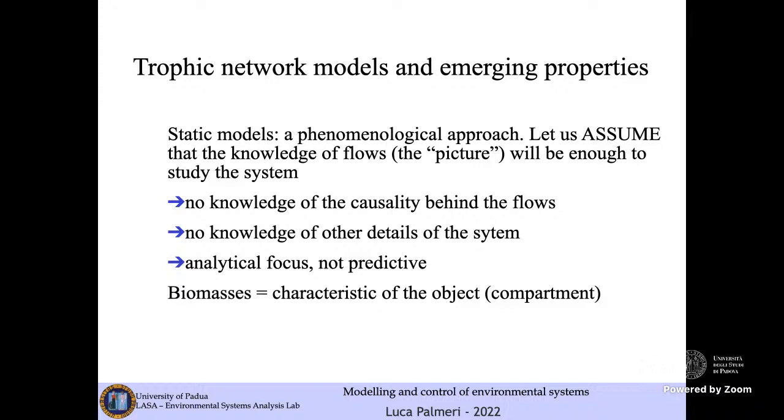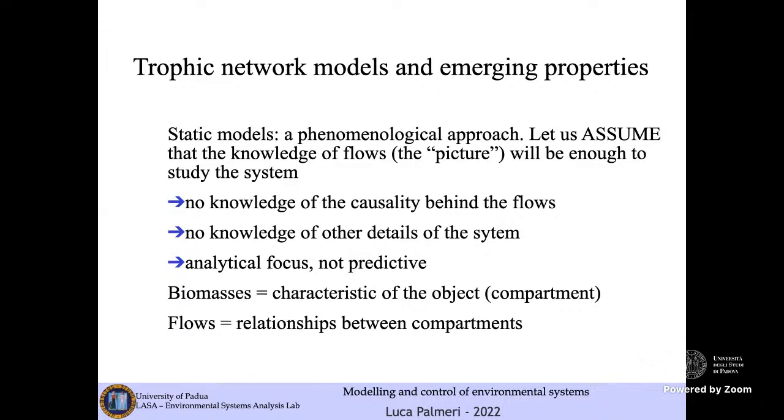We start from the assumption that biomasses are the characteristics of the object or compartment that we are going to study. So flows are representative of the relationships between the compartments. So again, the arrows and boxes paradigm. Boxes are described by biomasses, or in terms of fishery, we talk often of stocks, while the arrows are represented by the flows.